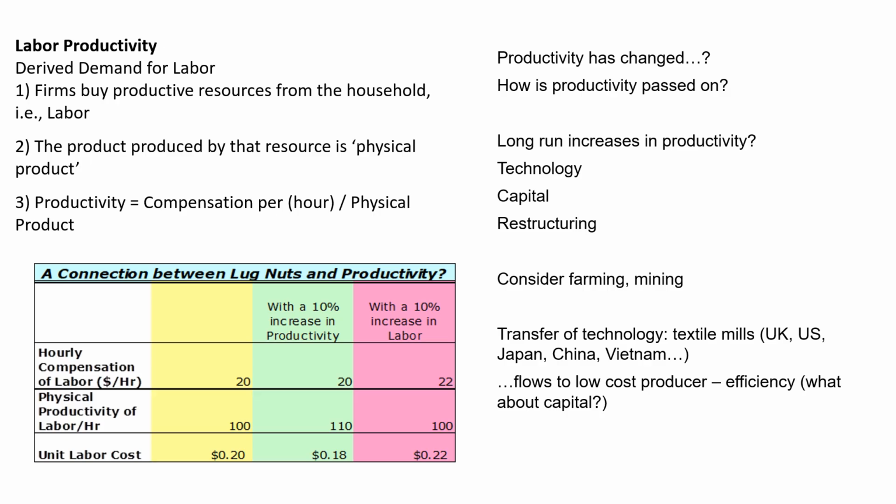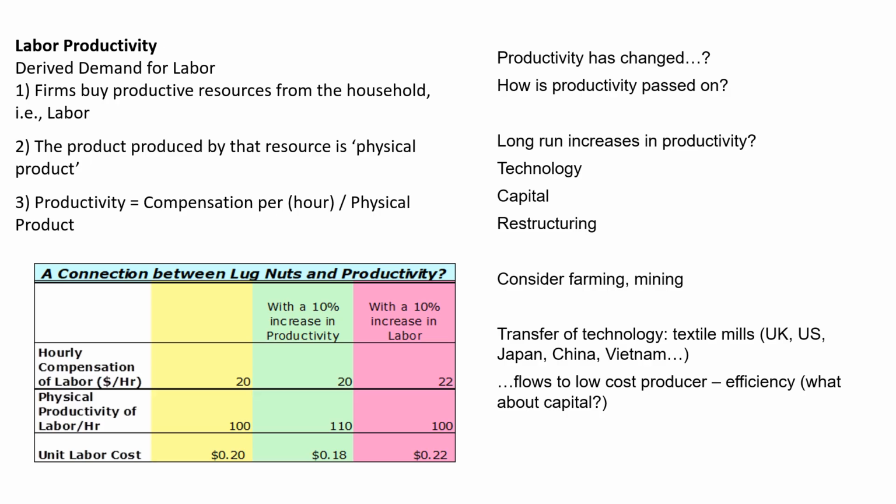So again, examples that we talk about with this are moving from labor intensive to capital intensive: farming for sure, mining, absolutely. Mining is far different today than it was 100, 120 years ago. Technology transfer is pretty straightforward. An example here would be textile mills.